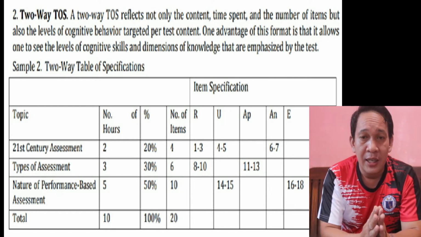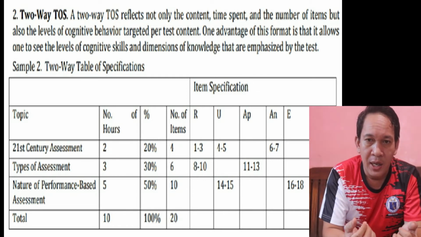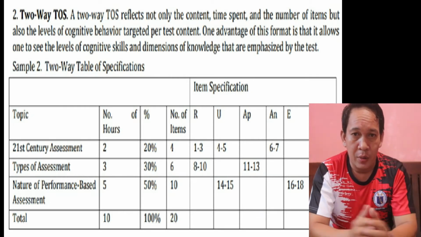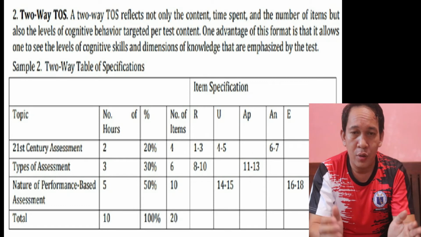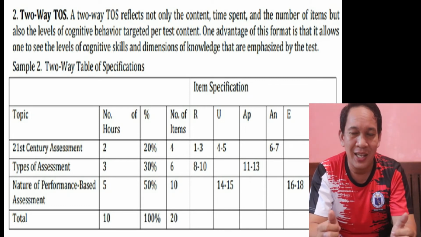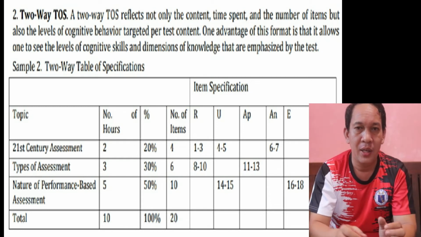Now, let us identify what R, U, Ap, An, E, and C are. R is remembering.